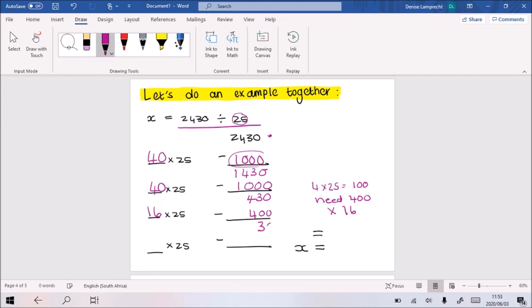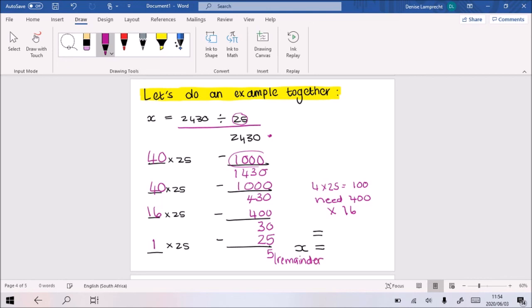I subtract again, and that will give me 30. Now I only need 1. 1 times 25 will give me 25, and if I minus, it will give me the answer of 5. What is that 5? That 5 will be my remainder.